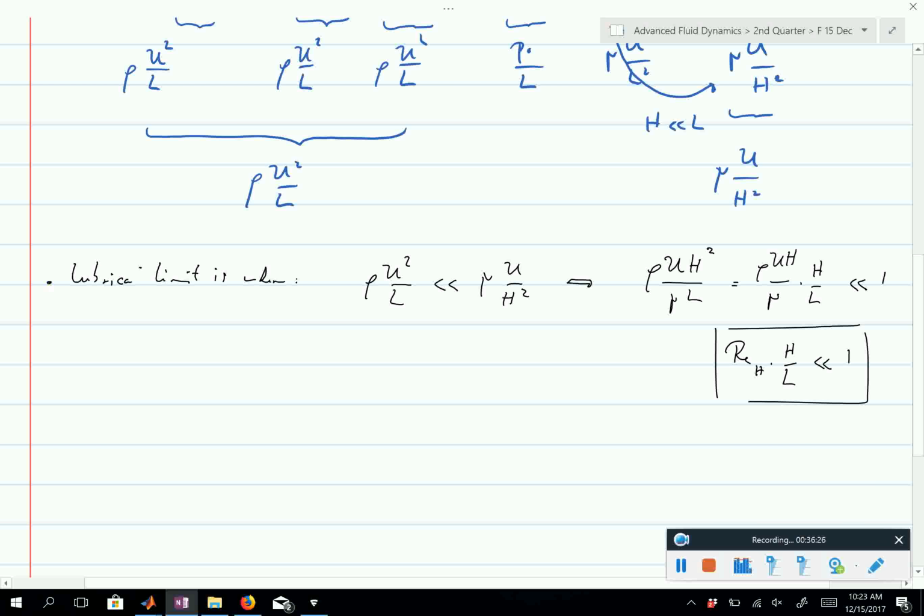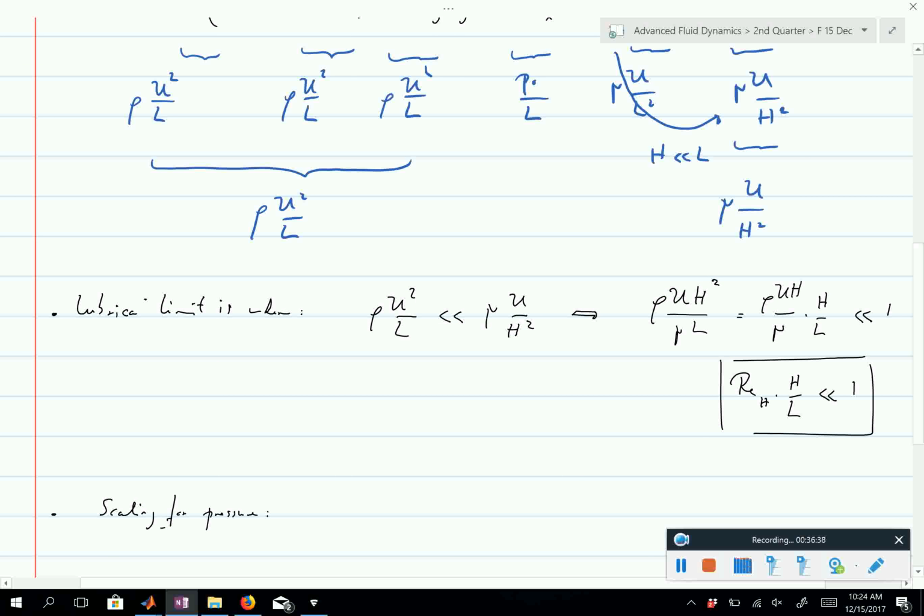Now what is the scaling for the pressure? And this is where you'll see that the pressures can become really high for lubrication. So P0 divided by L will scale with mu U divided by h squared.